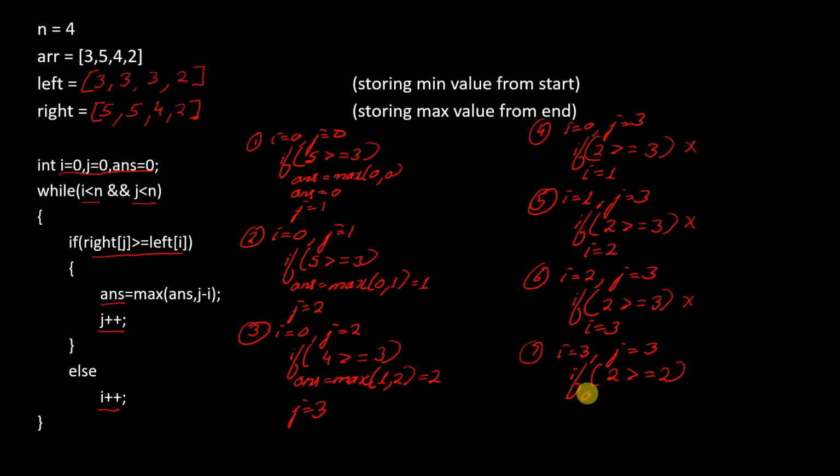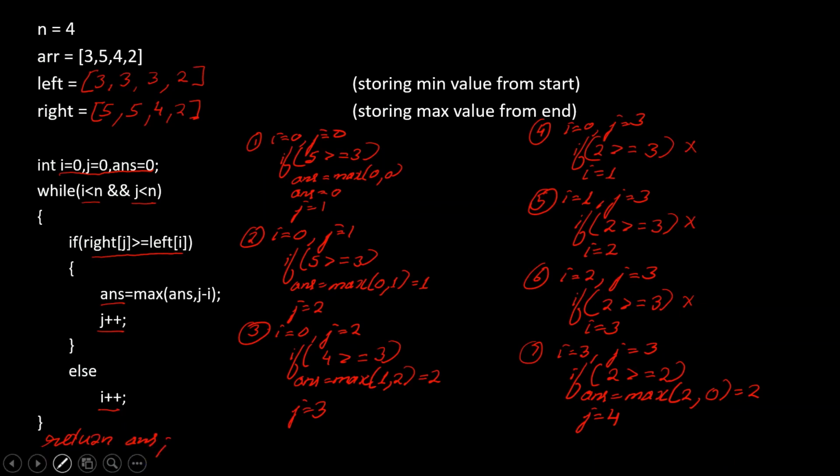So we will update our answer as max of previous answer, which is 2, and here j minus i, that is 3 minus 3, will be 0. So answer will become 2, and we will update j. So j will become 4. Now j became 4, so this condition becomes false. We will come out of the loop, and finally we will return answer from here.